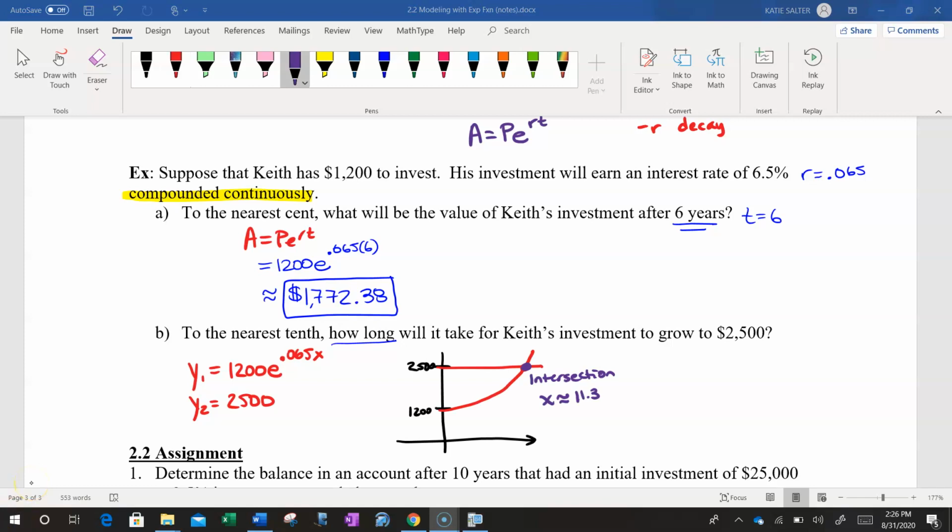When you program these in your calculator, and you find the intersection, you get that x is approximately 11.3 years. Because this is a compounded continuously problem, that is your answer. You don't need to round up to the nearest year or the nearest quarter because it's being compounded every split second of every day. So our actual final answer here is that it would take 11.3 years.